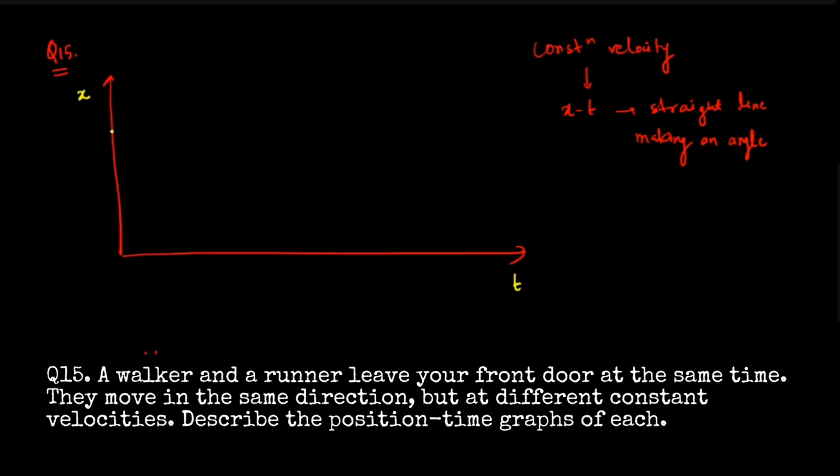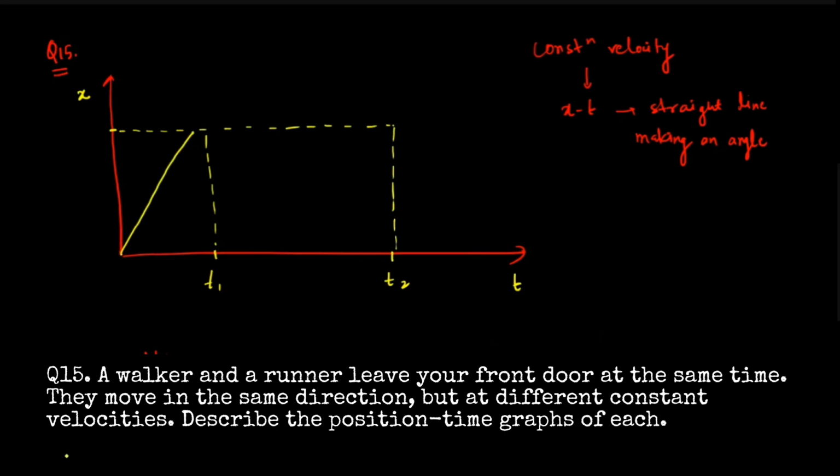Exactly. Who will take more time? Walker. Whosoever is walking, right? X is representing the point B, I can say, and this particular axis is representing the time. So I can assume the runner reaches quickly.